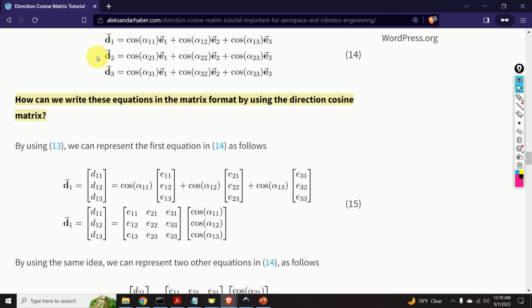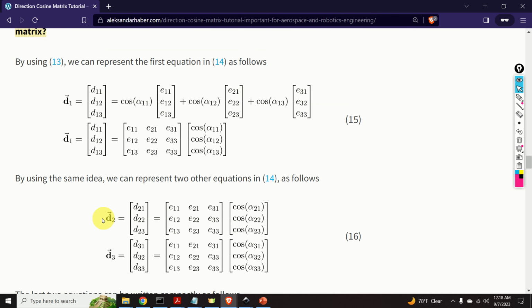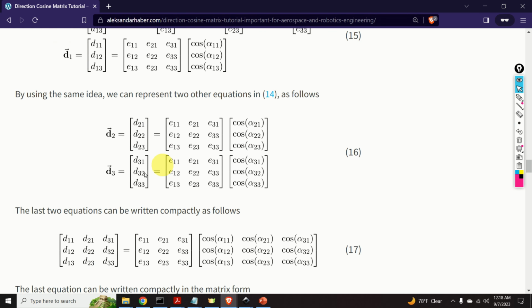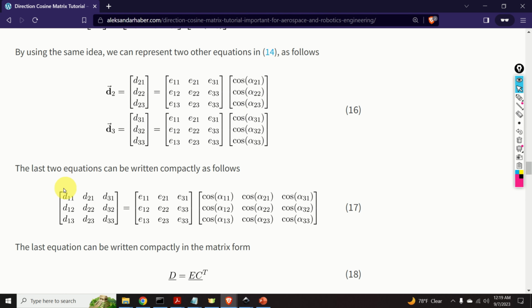By using the same idea, we can represent this equation in the matrix form. Here's the result. And by using the identical idea, we can represent this equation in the matrix form. Next, we can combine this equation, and this equation, and we can write it down as a single matrix equation. And here it is.